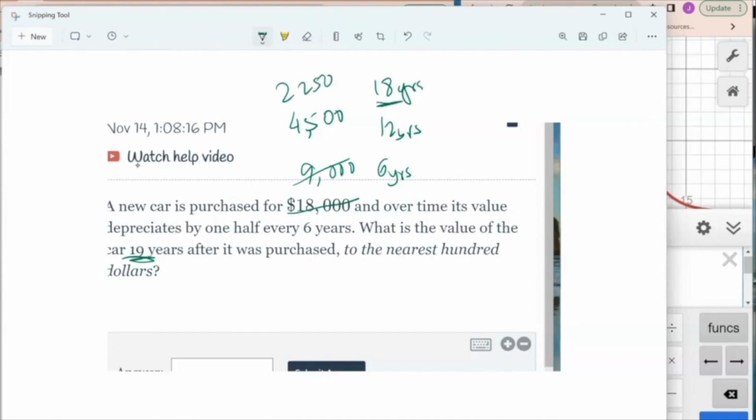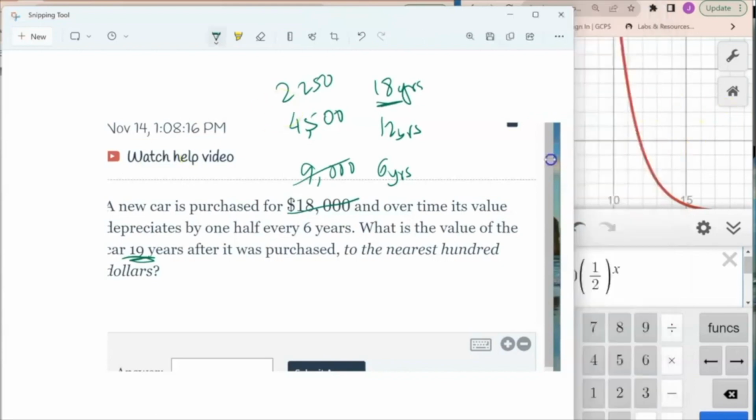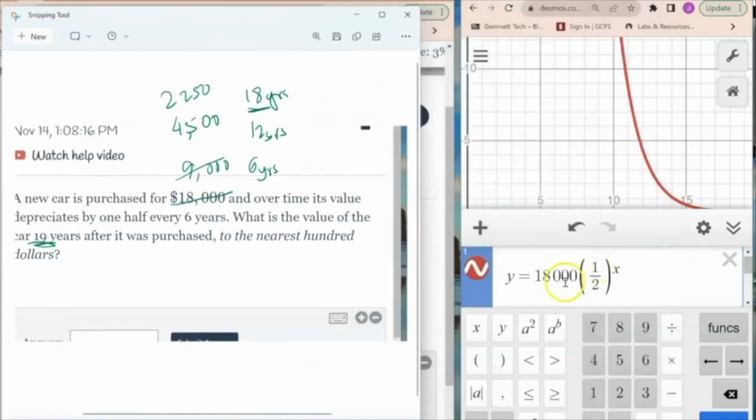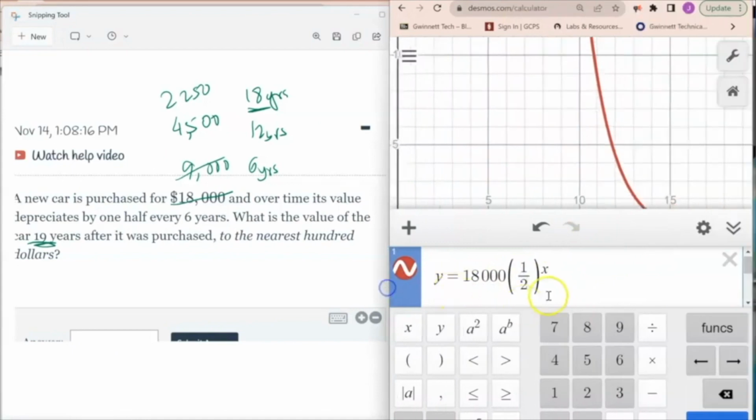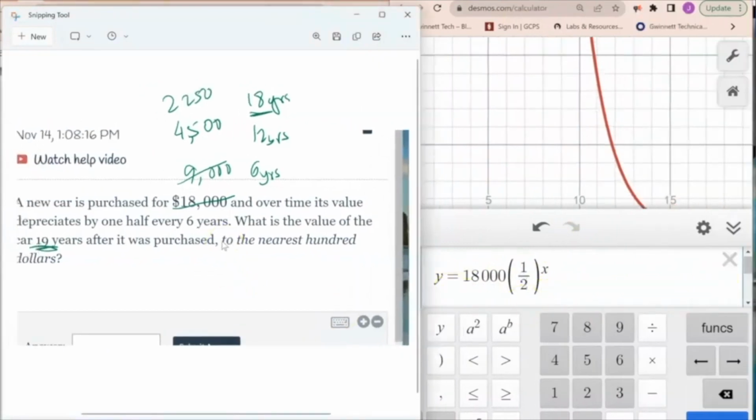There is a little bit of a formula that we can use to figure this out instead of manually doing it by hand like the way we're doing right now. Quite simply, you'll put your 18,000, you'll do 1/2, just as you've done right here. However, your time is what's different, because notice you have time here and you also have time here.